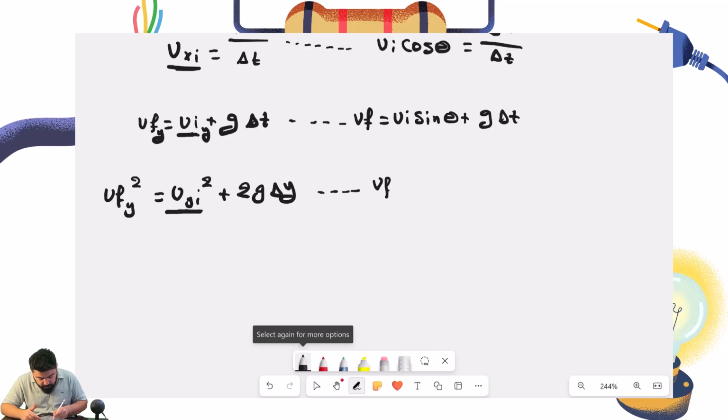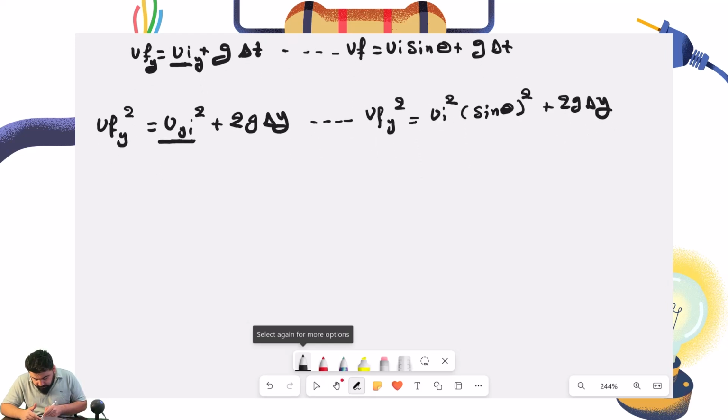So vy final squared is equal to v initial sine theta, all of it squared, plus 2g delta y. This is for finding maximum height. If the question asks for maximum height, we're going to use this equation.